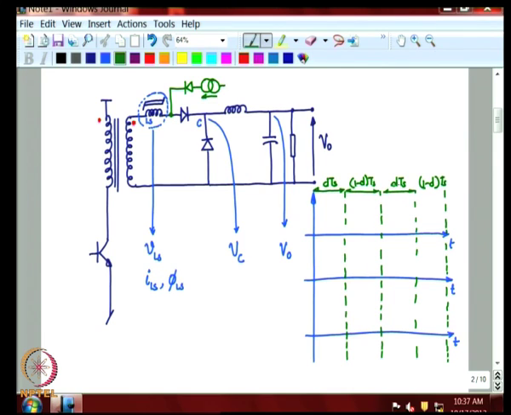These are the times, and if you say this is Q, this is V n, during this time Q is on, during this time Q is off, Q on, Q off.